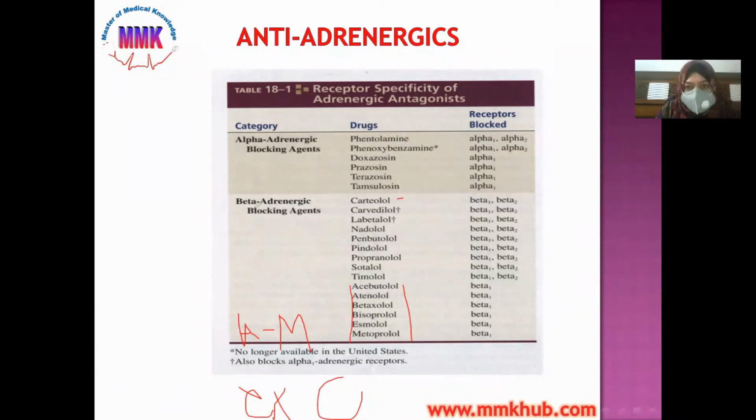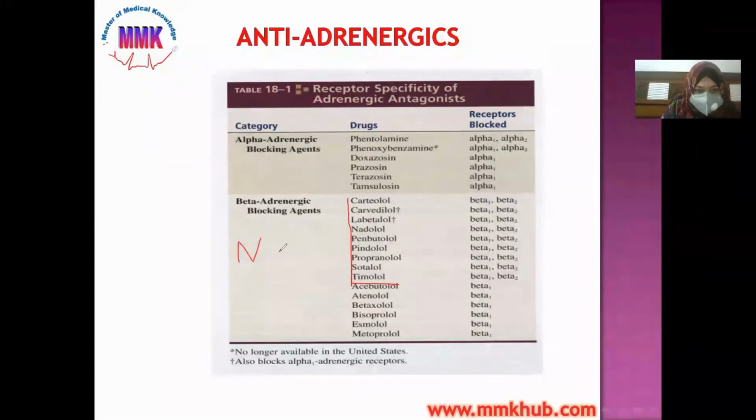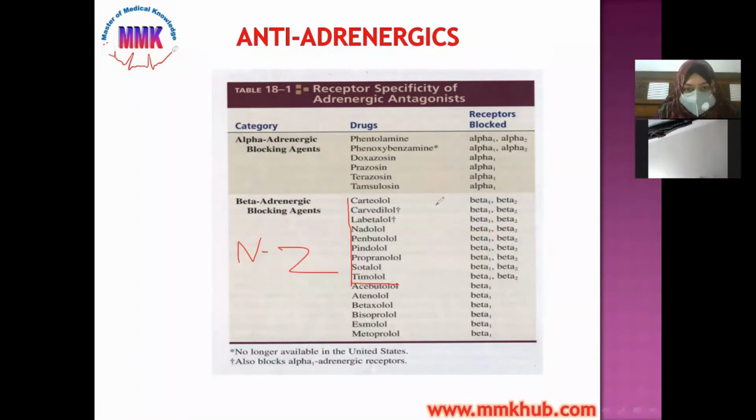So basically, the drugs starting from the letter M to Z, along with the letter C, are going to be the non-selective beta blockers.